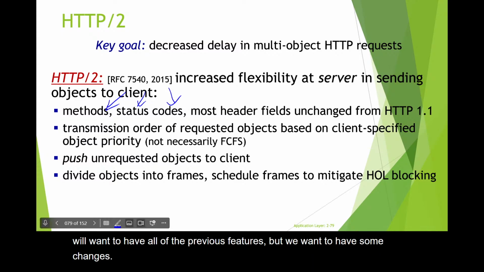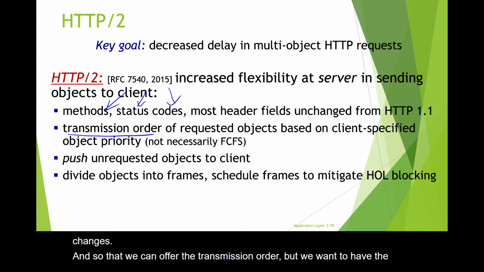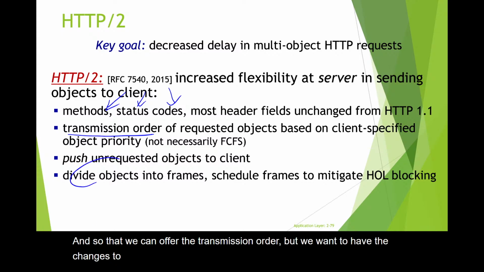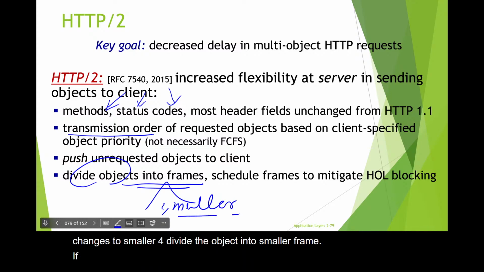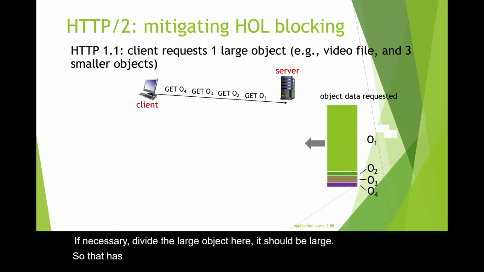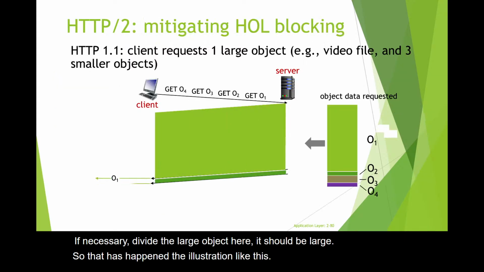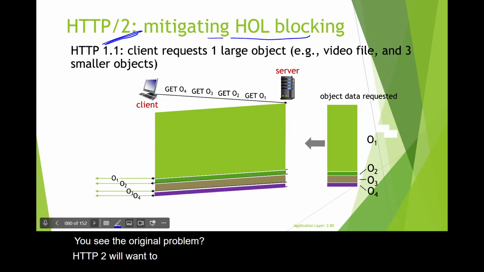So we can keep the transmission order, but we want the change of dividing the large object into smaller frames if necessary. Let us have an illustration like this. You see the original problem. In HTTP/2, we want to mitigate the HOL blocking.